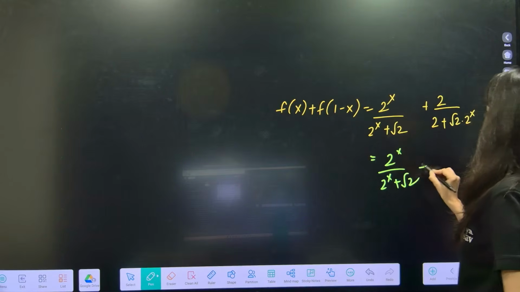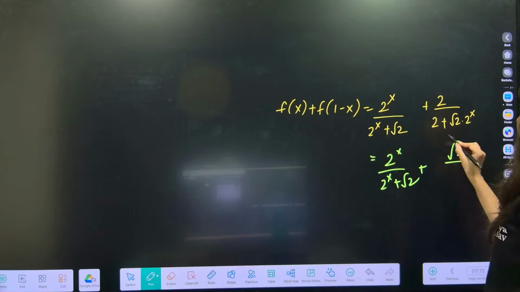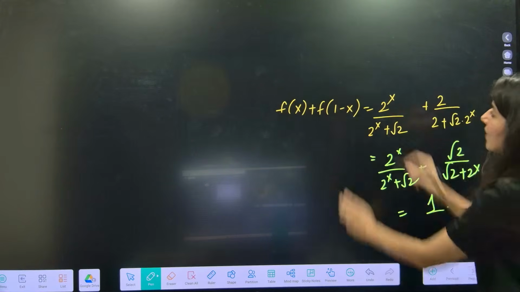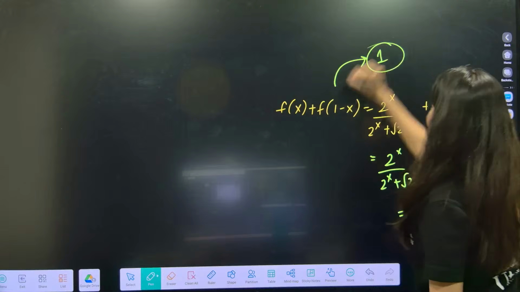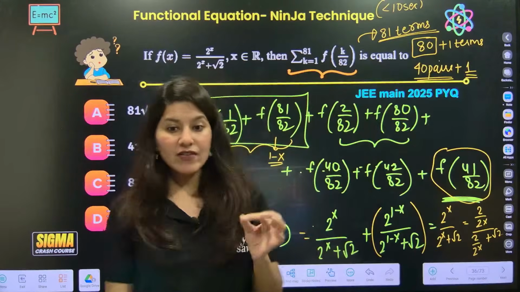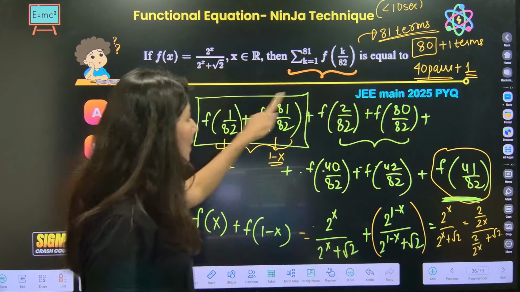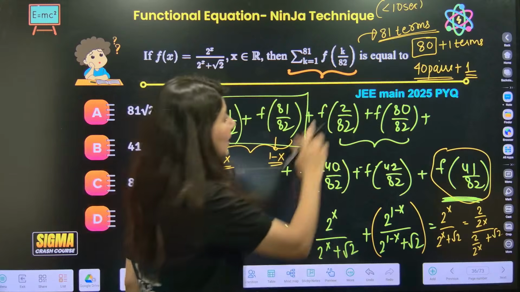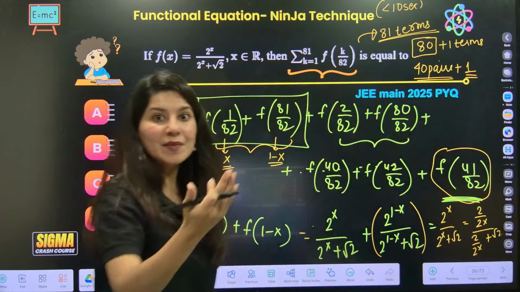Understand? If you take root 2 out, it will be root 2 plus 2 power x. And if you solve it, you are going to get 1. f of x plus f of 1 minus x is nothing but 1, my dear students. That means what? Every pair is equal to 1, so 1 plus 1 plus, every pair is equal to 1. Right? So 40 pairs. That means 40 multiplied by 1.